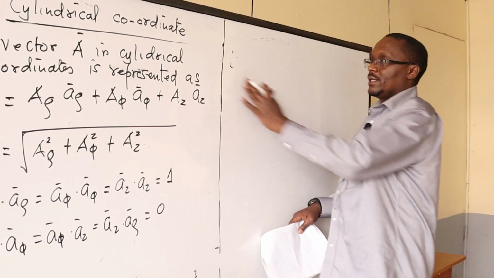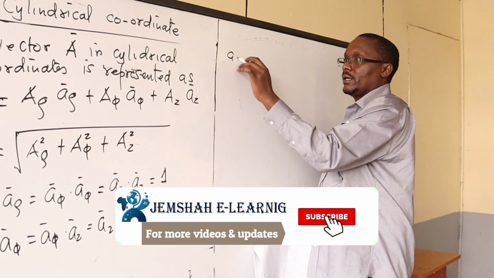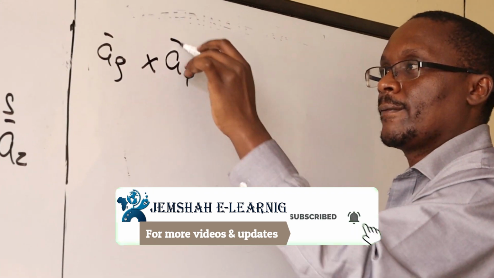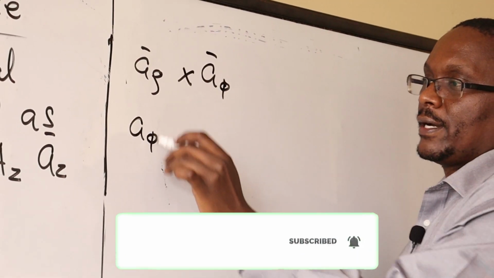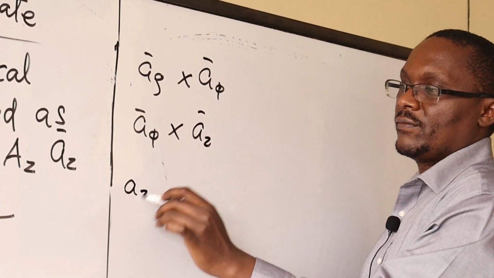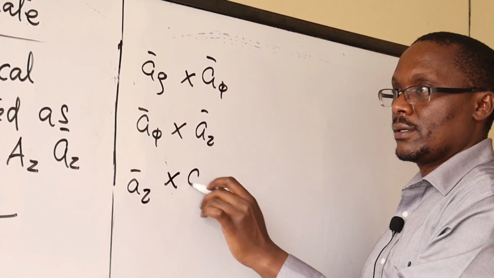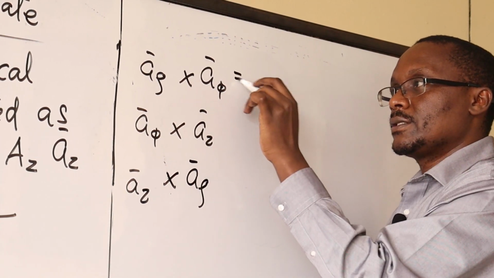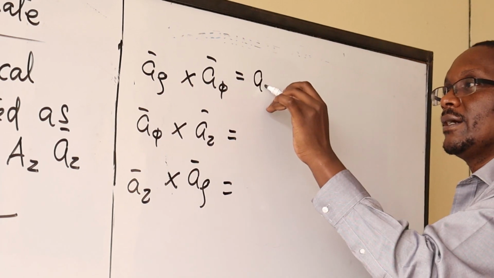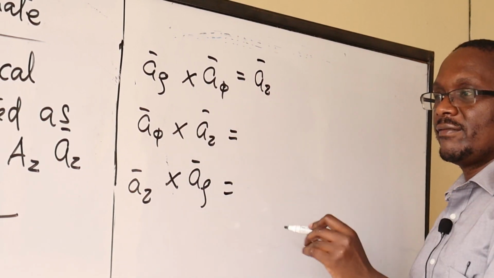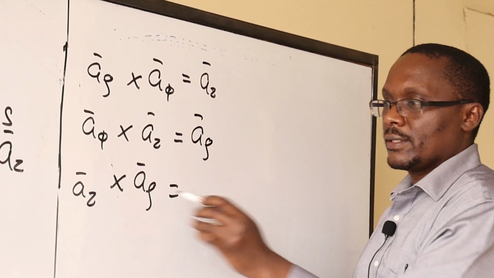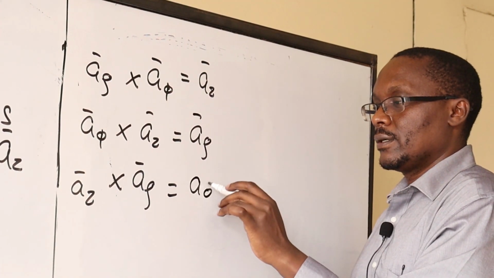so we are saying that this will be a rho cross a phi, then we have a phi cross a z, then we also have a z cross a rho. This will give us a z, this will give us a rho, and this will give us a phi.